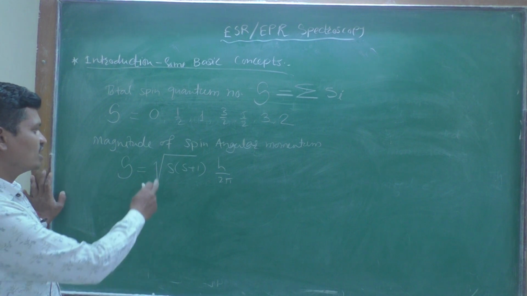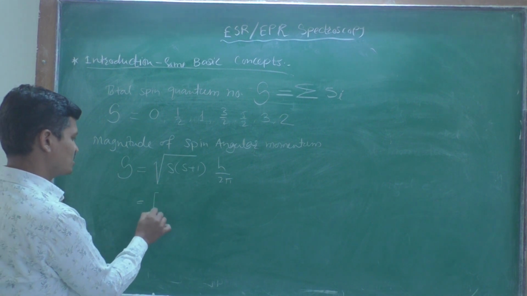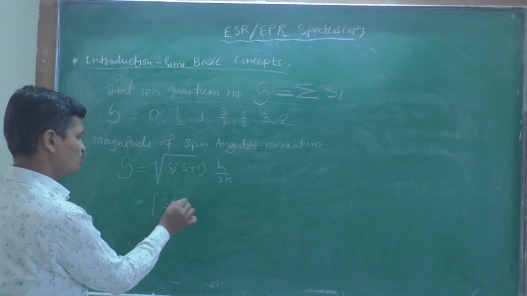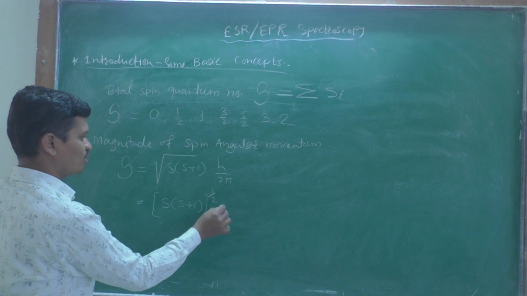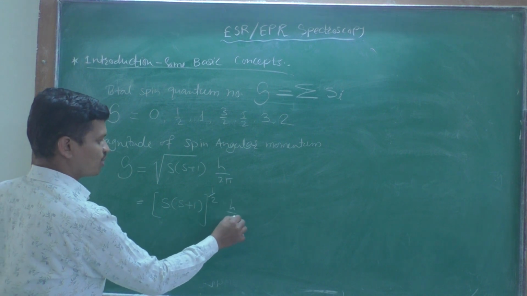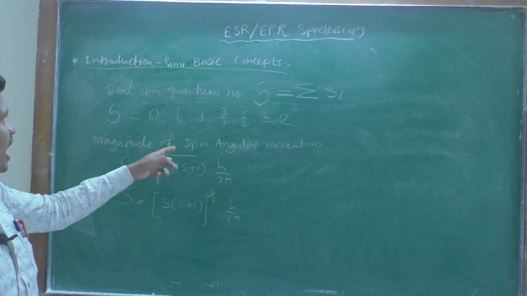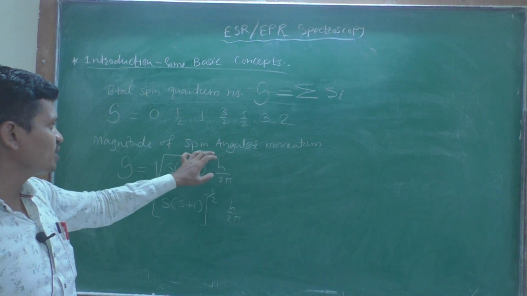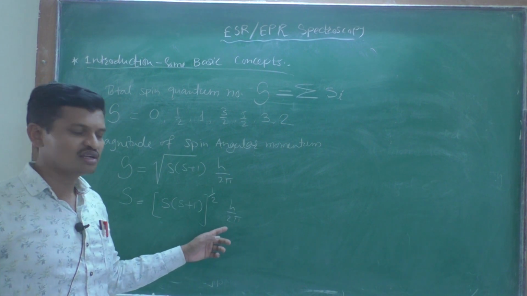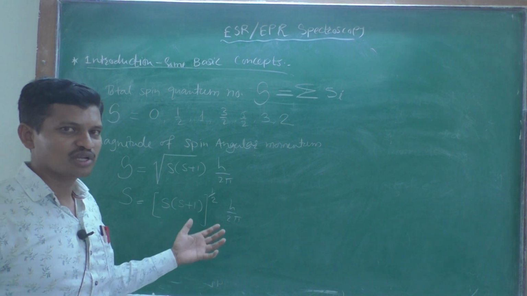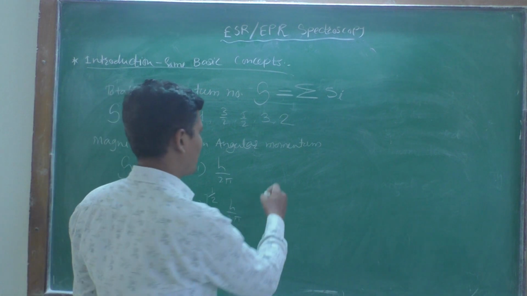The under root is nothing but raised to 1/2, so we can write [S(S+1)]^(1/2) into h upon 2 pi. This means the magnitude of spin angular momentum is in multiples of h upon 2 pi, where h is Planck's constant.